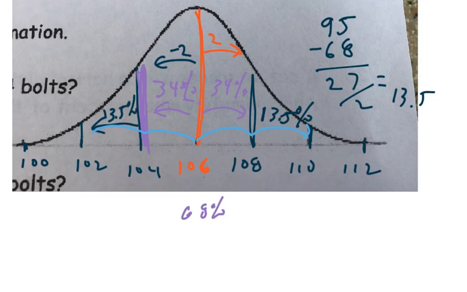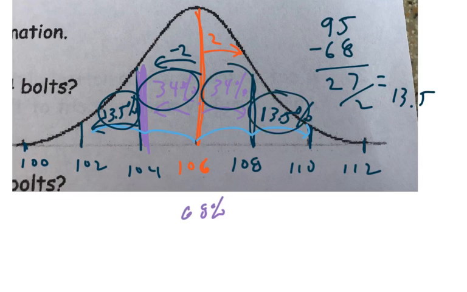Again, if I total up the 13.5, the 34, the 34, the 13.5, I will get 95%. Make sense? Let's do it one more time. We know that if we go 3 each way, that's 99.7%. So let's subtract the 95%, the middle 4 intervals in total, right? And we get what?